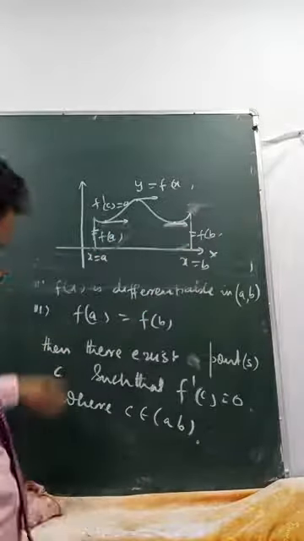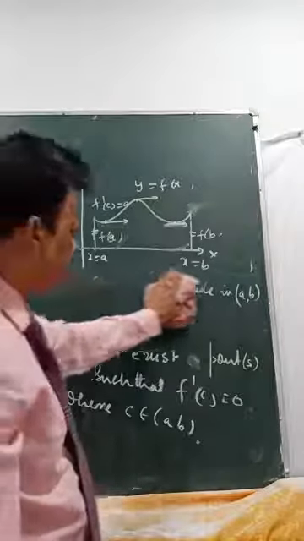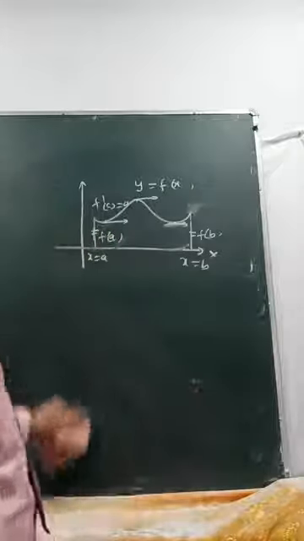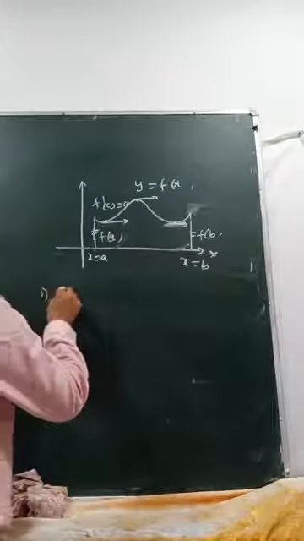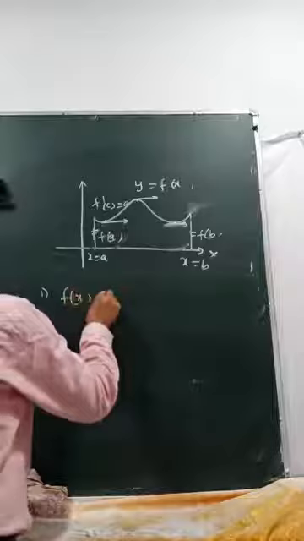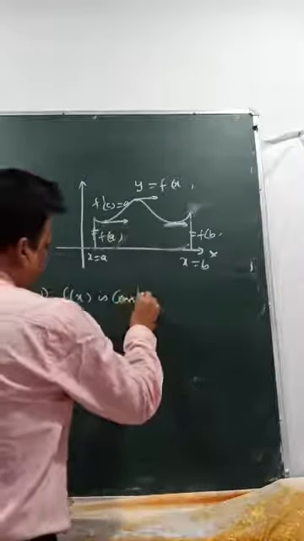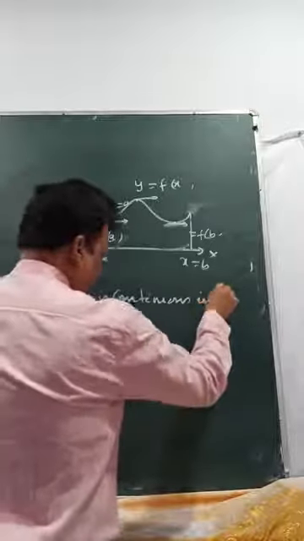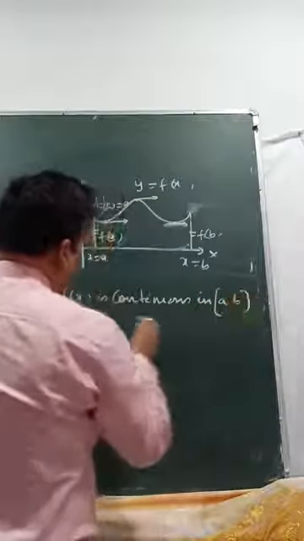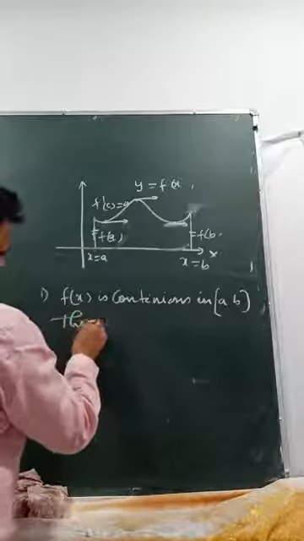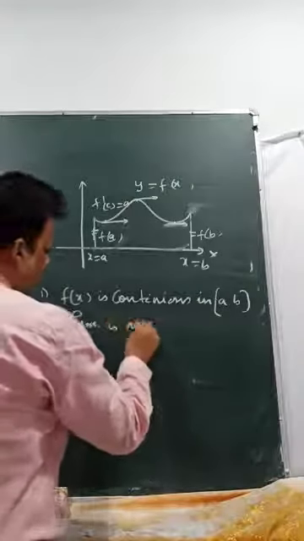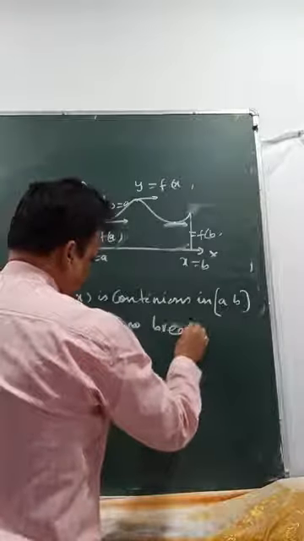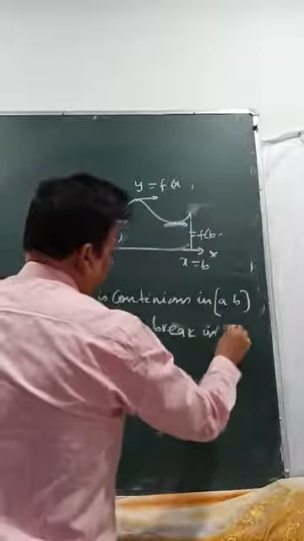So what does it mean? You are explaining here f(x) is continuous in [a, b] means there is no break. There is no break in the graph.